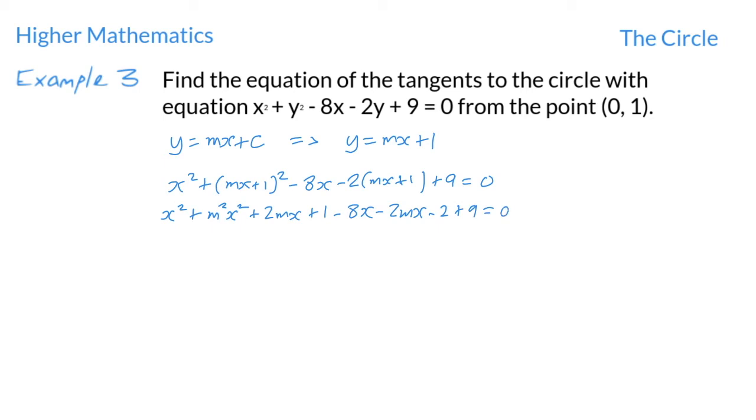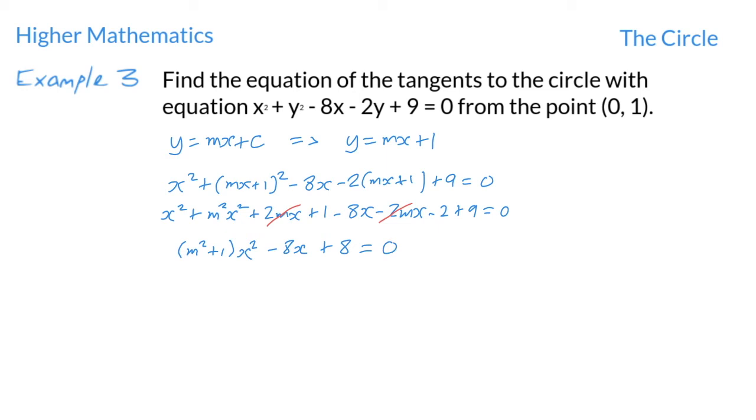If we now group together the first 2 terms, because we have m squared plus 1 lots of x squared is really the common factor here. We actually have plus 2mx and minus 2mx, so they will cancel. So we only have now negative 8x as our coefficient of x. And the constant terms, we have 1, take away 2, plus 9, which is plus 8. So plus 8 equals 0.